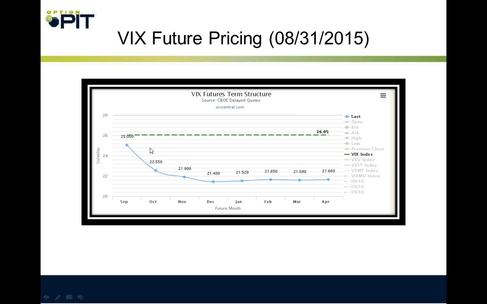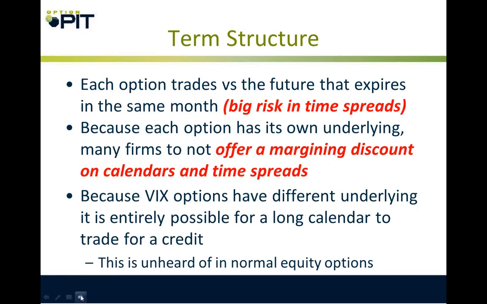It is entirely possible that my time spread trades for a credit, something that is unheard of in just about any financial instrument other than VIX. Each option trades versus the future that expires in the same month.